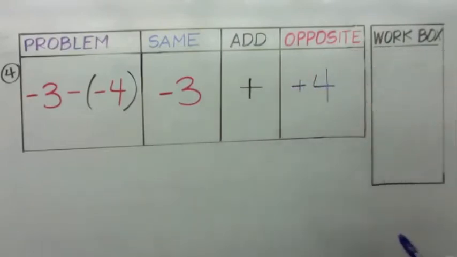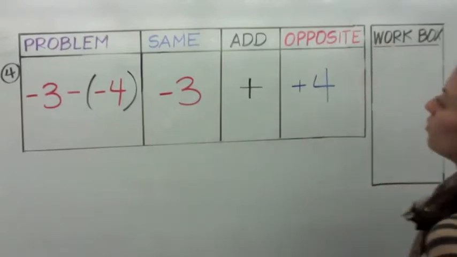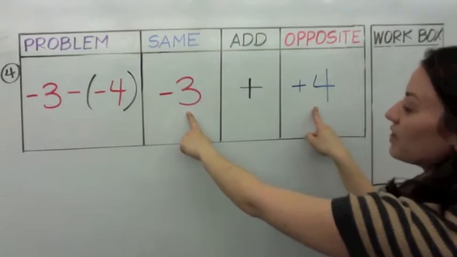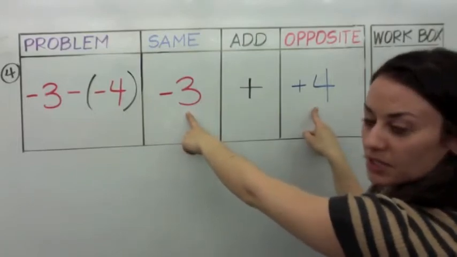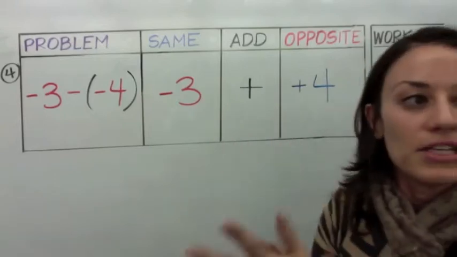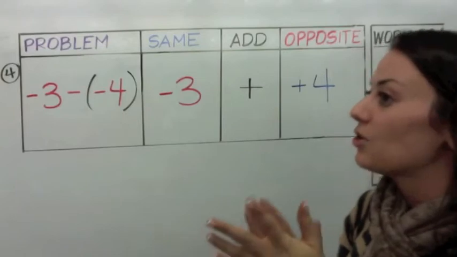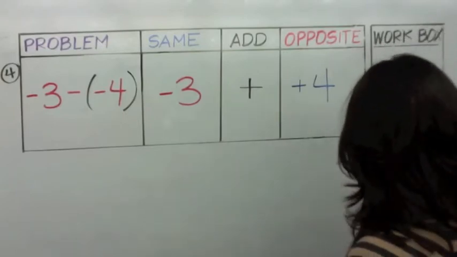Okay, great. So now, we're going to take a look at this problem. It says negative 3 plus a positive 4. Do these have the same signs or different signs? Tell me. Different. So we say, sing, different signs, subtract. Keep the sign of the higher number, then you'll be exact. Okay, so we're going to subtract.